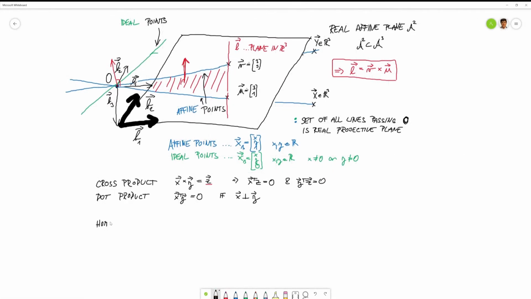So the cross product gives a line from 2 points or a point from two lines. Note that we speak about a point for a projection ray and a line for a plane incident with 2 points in the real affine plane and one point which is the origin of the coordinate system.